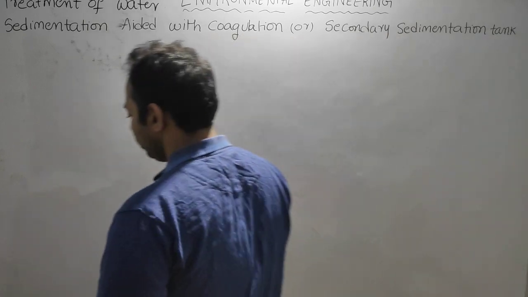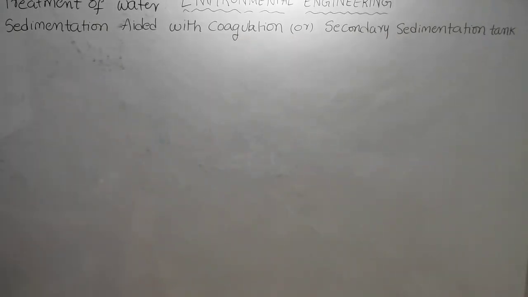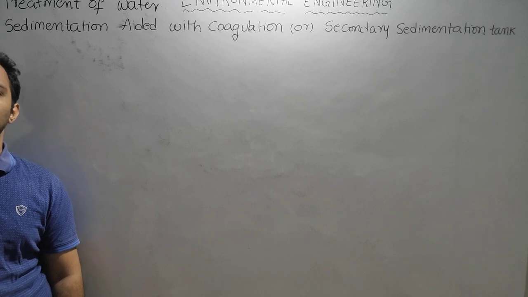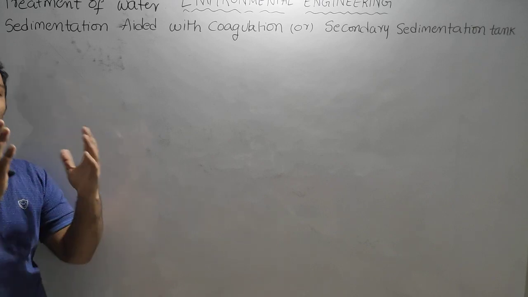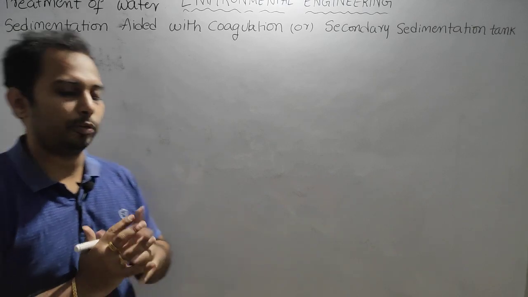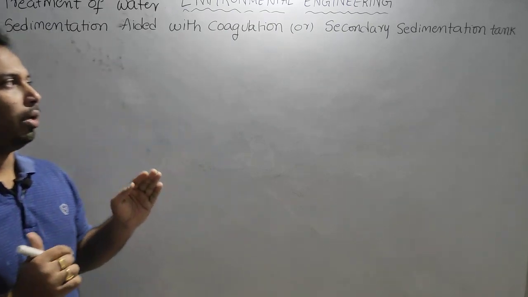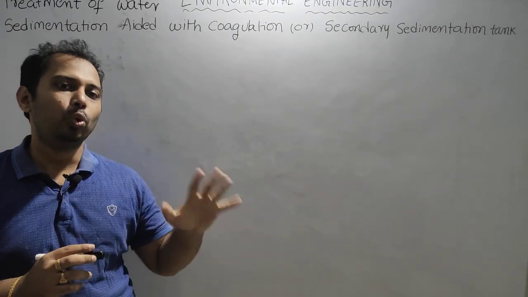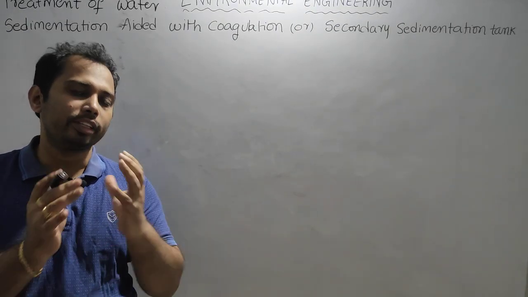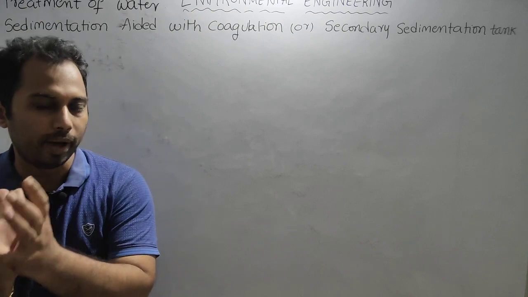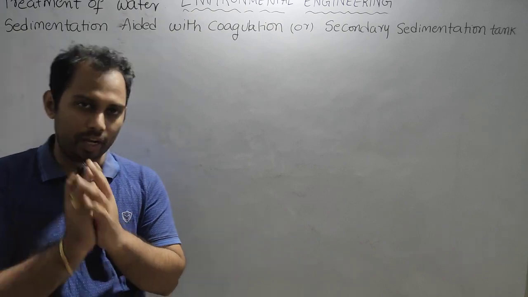So why is this needed? Why is external help needed for the sedimentation tank? The plain sedimentation tank is effective in removing the larger suspended particles, but it is poor in removing the fine suspended particles, colloidal particles and dissolved particles.